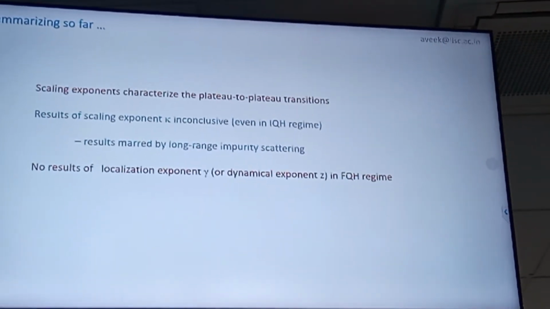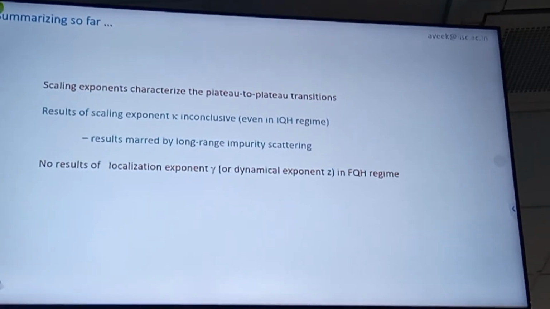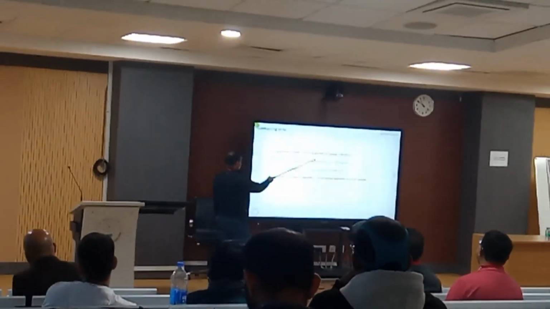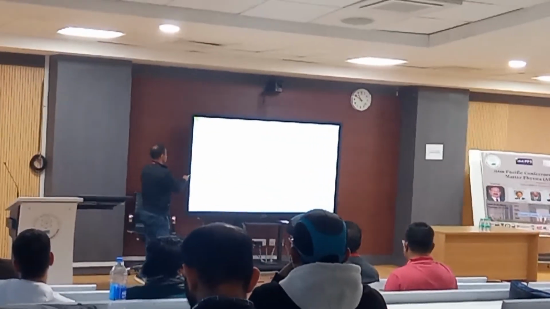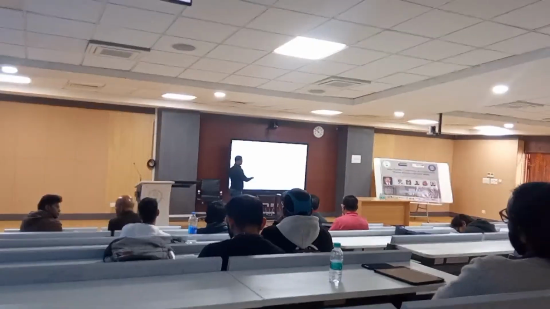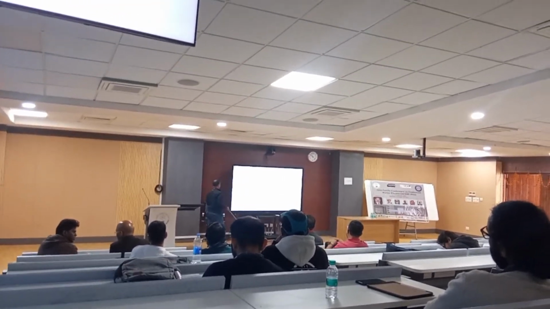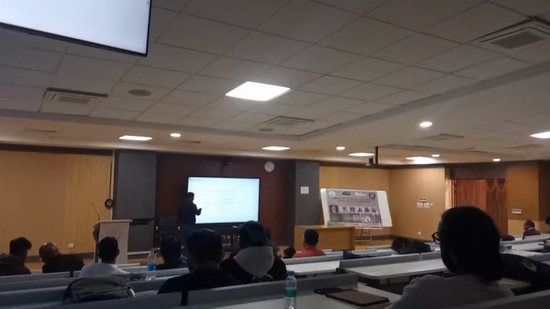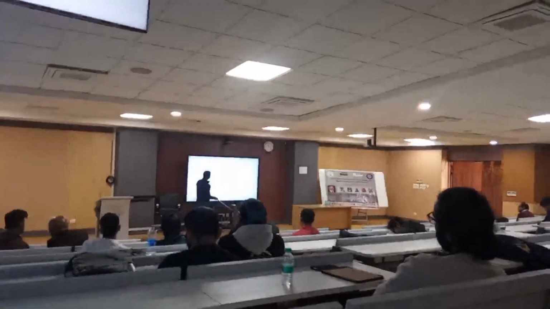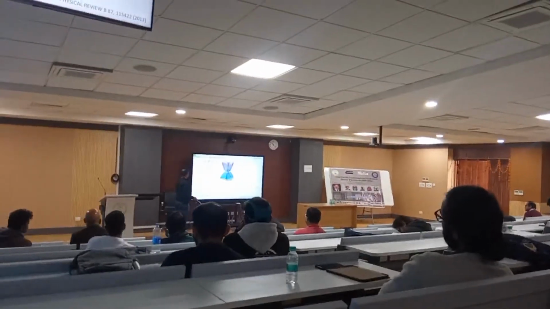So summarizing so far, there are scaling exponents gamma and z which characterize the plateau-to-plateau transitions. Results of the scaling exponent kappa are inconclusive even in the integer quantum Hall. No results on fractions, and no results of the localization exponent or the dynamical exponent z in the fractional quantum Hall regime. So what do we do?